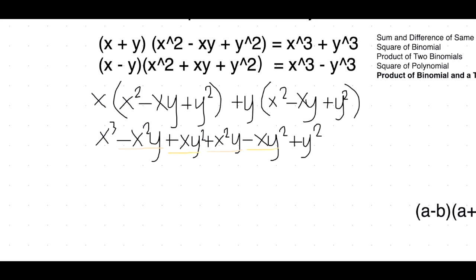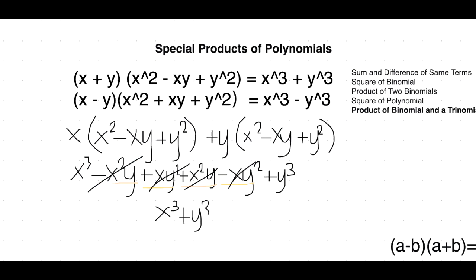So minus x squared y plus x squared y becomes 0, plus xy squared minus xy squared equals 0. So that only leaves us with x cubed plus y cubed, which is exactly what we see right over here.